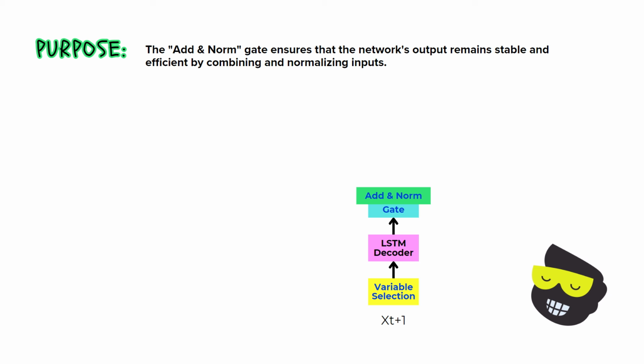It works by combining the output of the LSTM decoder with the input from a previous layer through the residual connections. And this helps preserve information and gradients. After combining, the result is normalized to ensure the values remain consistent and within a manageable range. This normalization prevents issues like exploding or vanishing gradients, thereby enhancing the learning efficiency and stability of the neural network.